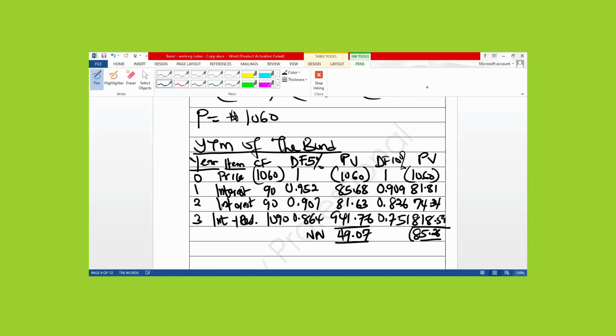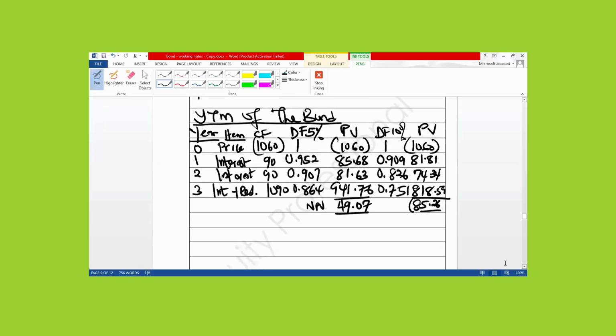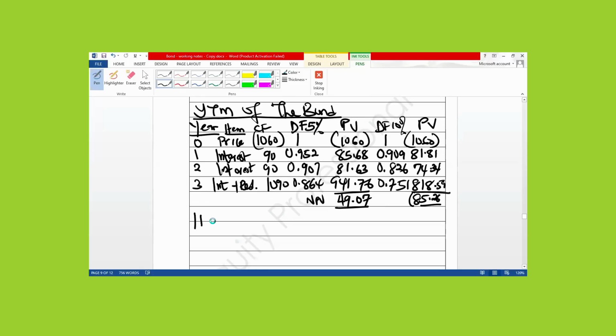Now calculate your internal rate of return. The internal rate of return is equal to the lower rate, plus positive NPV over positive NPV plus 85.26, multiplied by 10 minus 5.